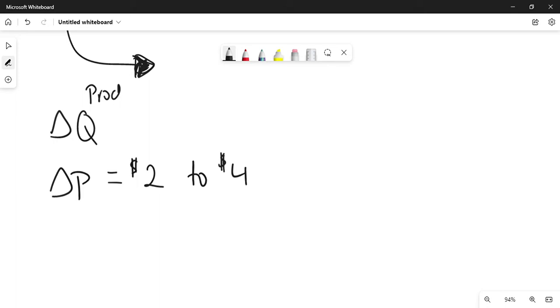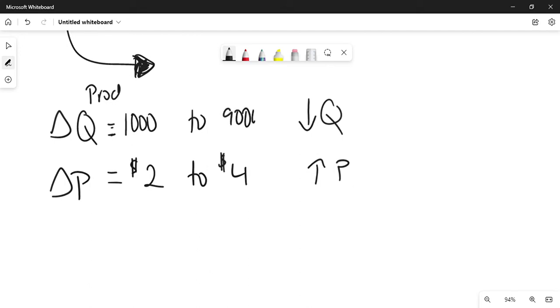As they increase the price, the quantity decreases, but by a larger amount. Let's say it drops from 1,000 to 900 items.